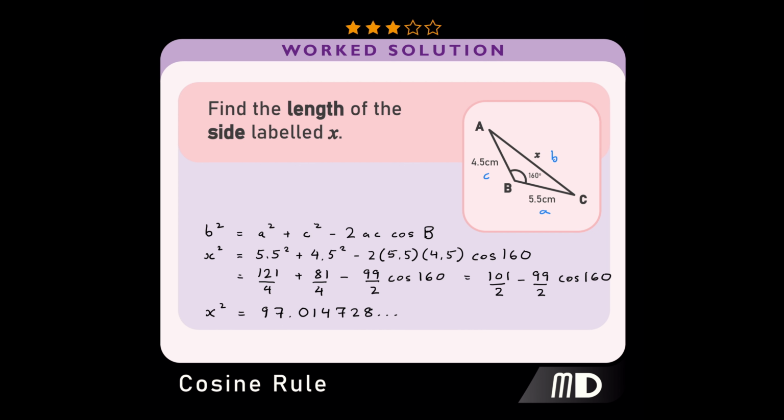That gives us a value of x equal to 9.85 centimeters, rounded to 2 decimal places. So the side labeled x and the answer to this question is 9.85 centimeters.